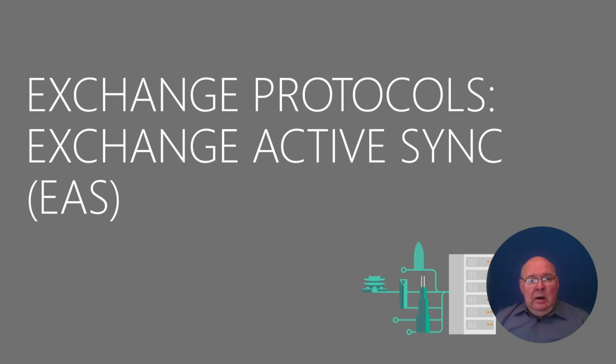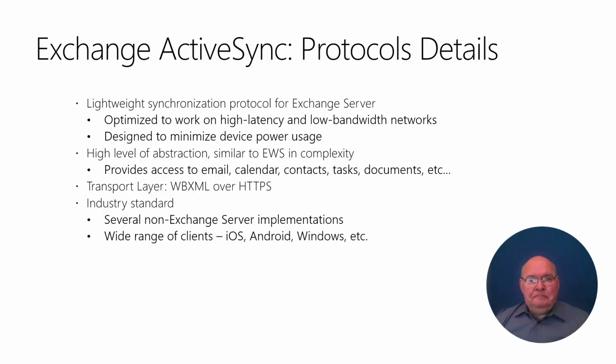ActiveSync. It is a lightweight synchronization protocol for Exchange Server, optimized to work on high latency and low bandwidth networks, and designed to minimize device power usage. Also a high level of abstraction, similar to EWS. It provides access to email, calendar, contacts, tasks, documents. The transport layer here is WBXML over HTTPS, and it is an industry standard.